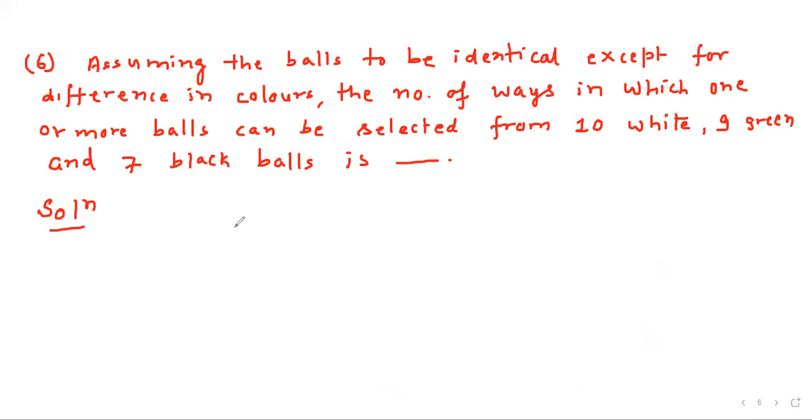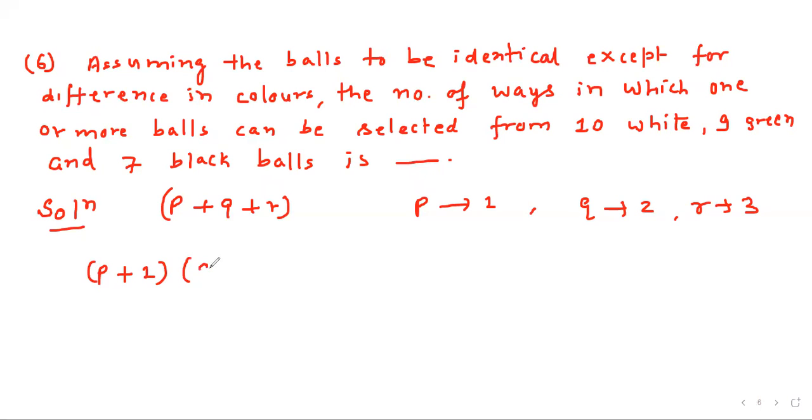There is one theorem that states that the total number of ways in which a selection can be made from P plus Q plus R objects, where P objects are of one type, Q objects are of second type, and R objects are of third type, is given by (P plus 1) times (Q plus 1) times (R plus 1) minus 1.